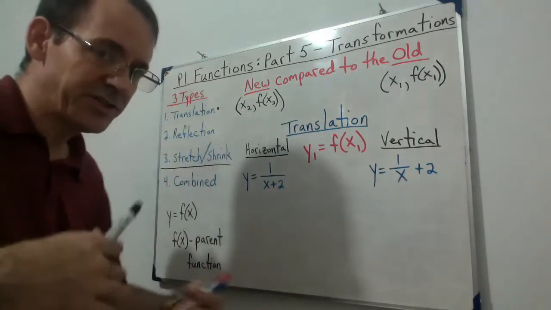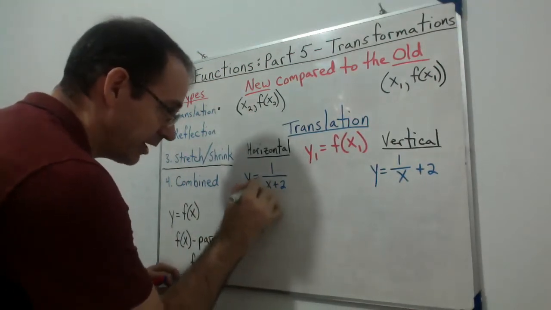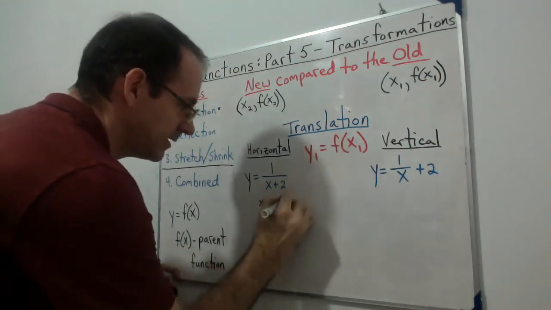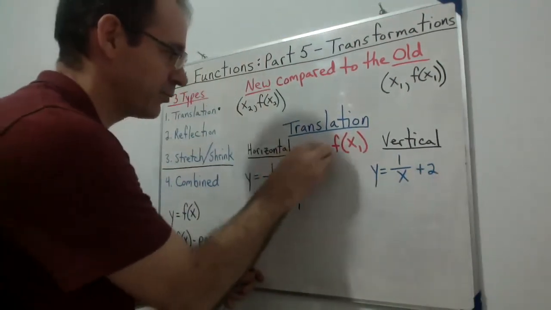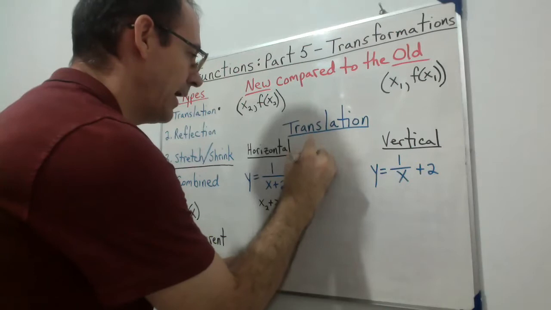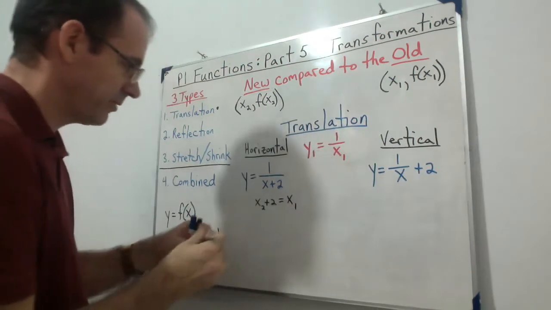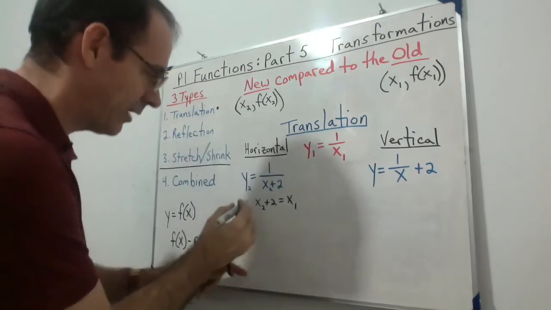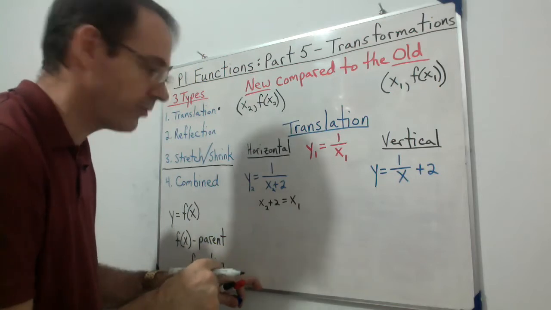Now, if you want to just review the algebraic real quick, notice that this would be our new function. Our x2 replaced the x1, where actually if you wanted to write this as the graphic one, it would be y1 equals 1 over x1. So this is now our 2's, the new function. So our x2 plus 2, subscript 2, subscripts have no mathematical value.